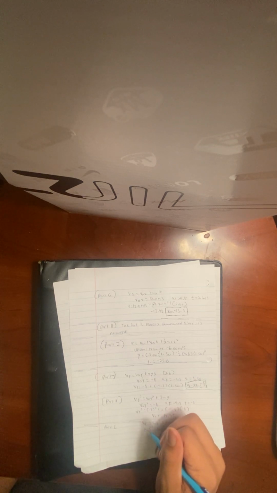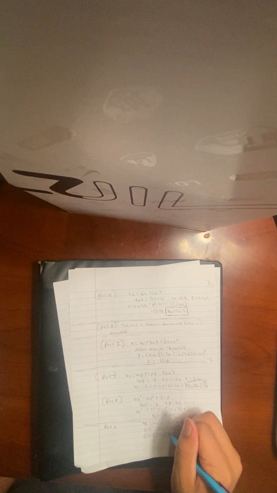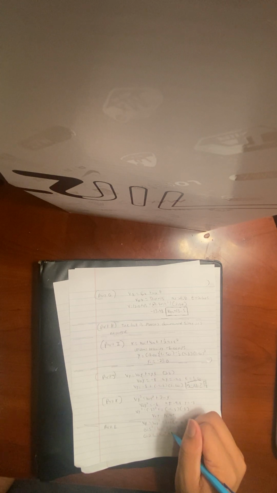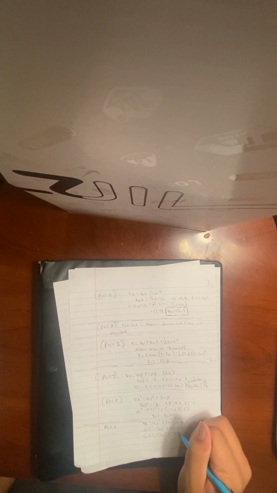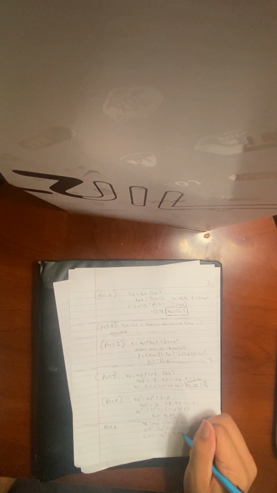0.5 squared, that'll be 0.25, and that equals Voy squared plus 78.4.